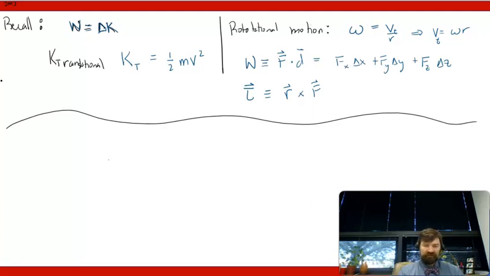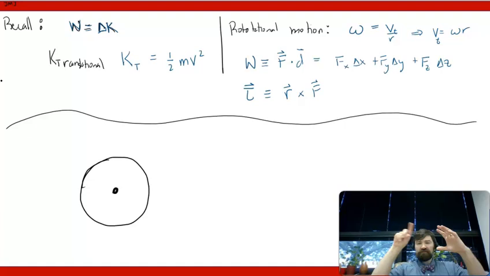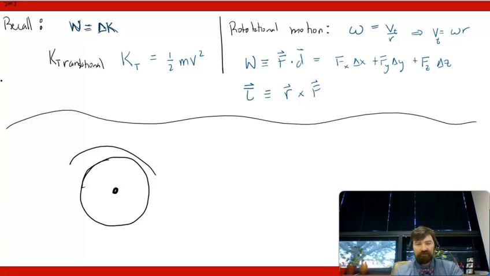Let's consider an object, maybe a wheel, for example. Maybe a millstone would be a better example. A millstone basically just spins in place without rolling anywhere or translating anywhere. So this thing is just spinning about its axis. It's not rolling, but it is spinning.